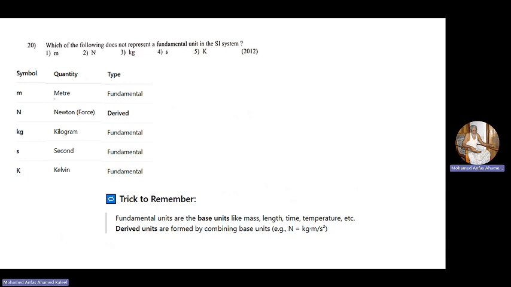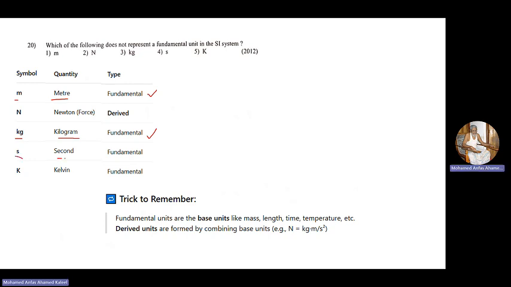Okay, for easiness, I tabled those symbols. Meter, small m, we are using the quantity of meter, that is a fundamental SI unit. kg also, kilogram, also a fundamental unit of SI units.